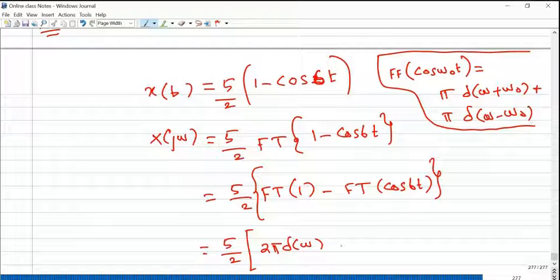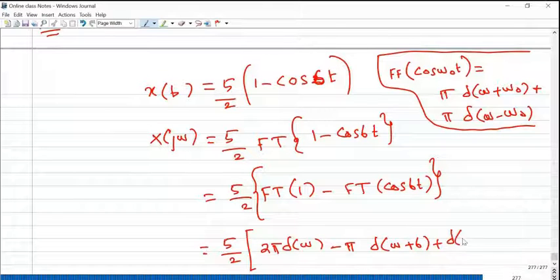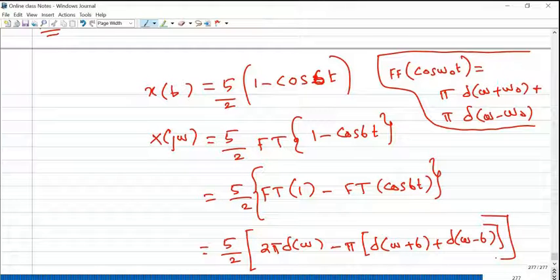Now directly substitute here. So 2πδ(ω) minus π[δ(ω + 6) + δ(ω - 6)]. That's it. This is your result.